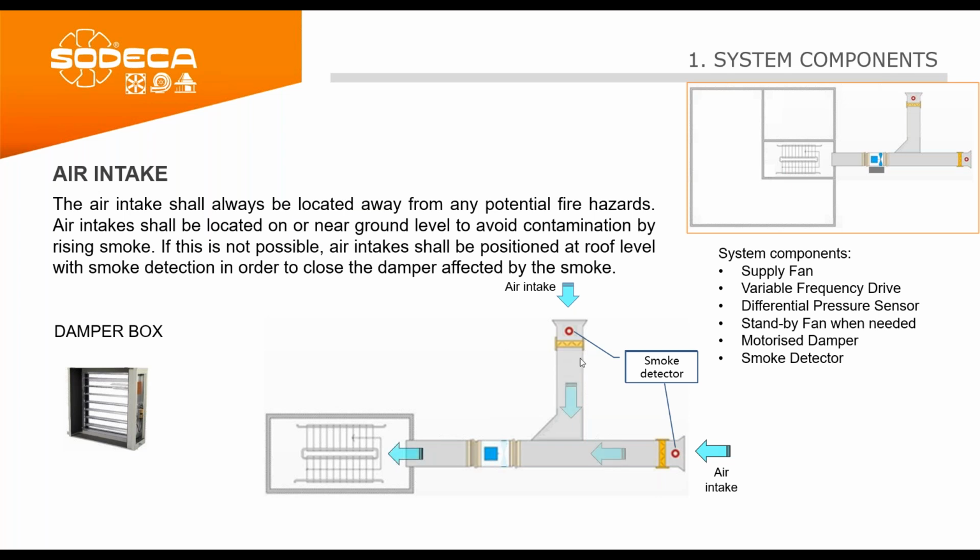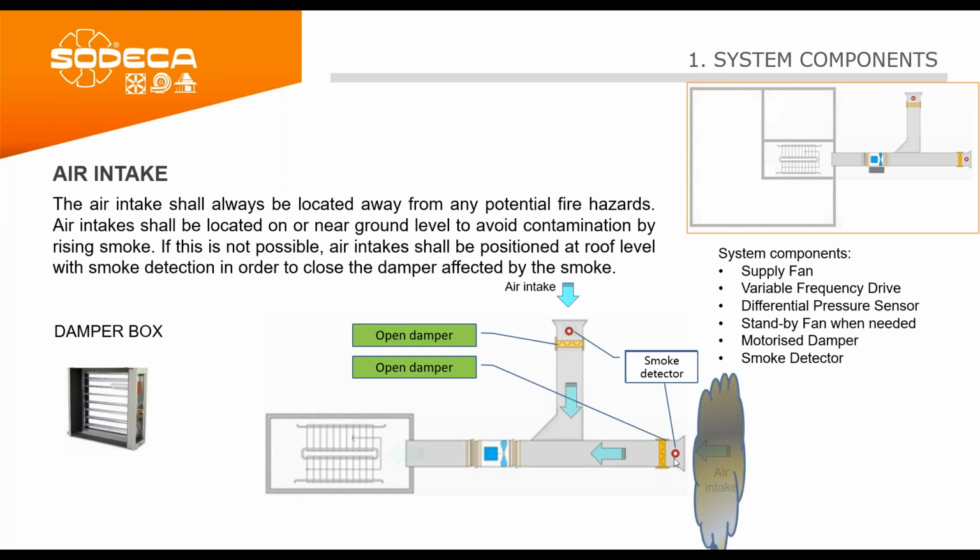And at the beginning, we can have both dampers opened, but in case one of the air intakes is contaminated by rising smoke, this motorized damper should close and the other one remain open. So now we have the supply fan, the variable frequency drive, the differential pressure sensor, a standby fan when needed, and we see a motorized damper and a smoke detector for the air intake.